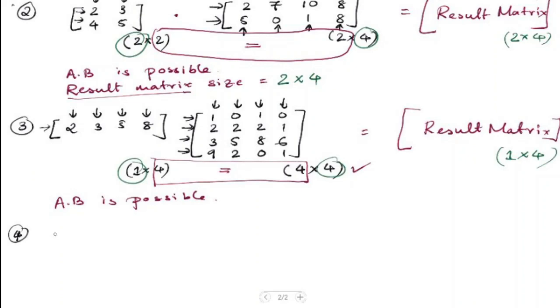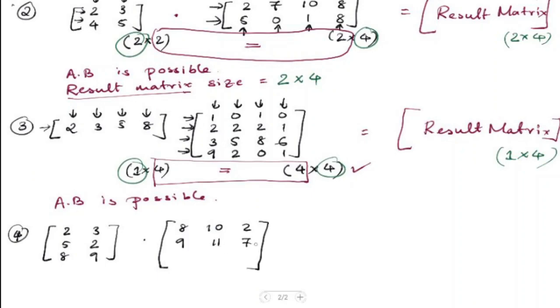So here we have matrix A, which is 2, 3, 5, 2, 8, 9, times we have 8, 10, 2, 9, 11, 7, 0, 1, 2, 1.